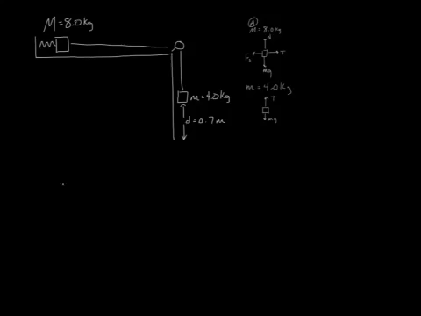For part B, we are going to calculate the tension in the string. To do this, we are going to start with the simple equation force equals mass times gravity, gravity being the acceleration. In order to solve for the tension in the string, you can substitute tension in for the force.